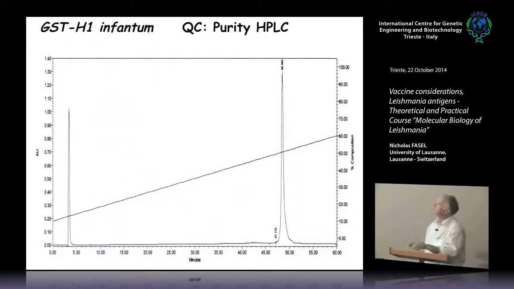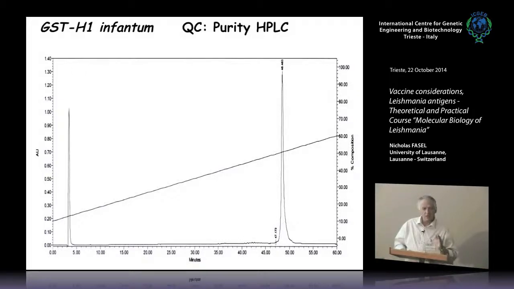Then we went for HPLC. You see the quality: we don't have any contaminants. If you could have a contaminant, that's not a problem, if it's always there. That was one of the problems many years ago when people started to develop a vaccine against malaria, rushing to develop one using the CS.